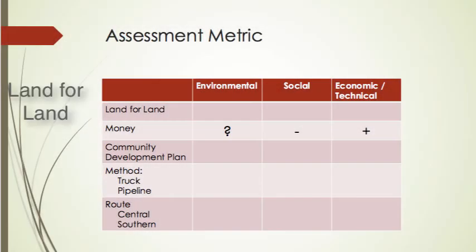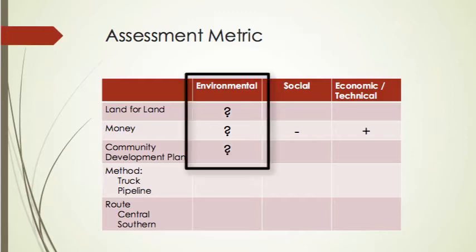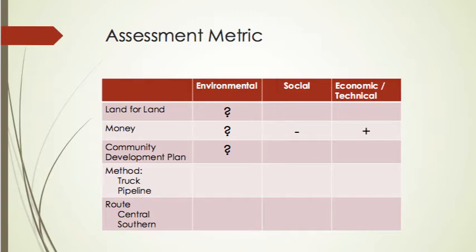What about the land for land resettlement option? Let's assume that this would give the locals a bit of caring, a bit of support, and then find land to replace their land. Again, I'll put question marks in the environmental area just for simplicity's sake so we can focus on the social aspects. In terms of social impact, is land for land a good option?